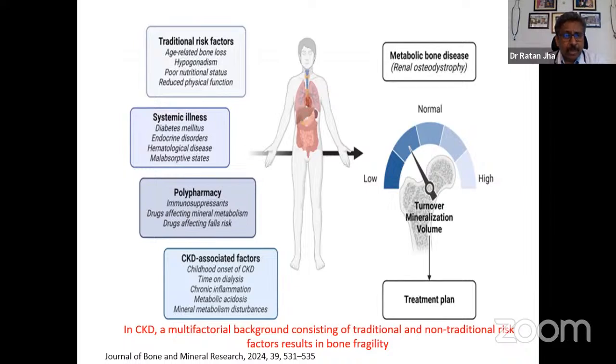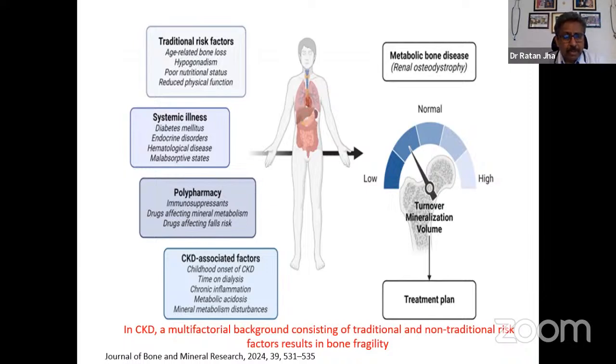The systemic illnesses associated with chronic kidney disease are an add-on, like diabetes, endocrine disorders like hypo or hyperthyroidism or hyperparathyroidism, hematological diseases like multiple myeloma and other bone and blood disorders, and malabsorptive states, which can influence bone health.